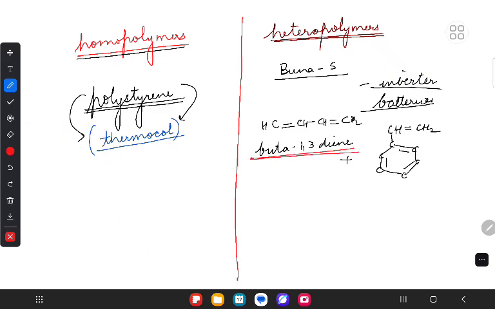Are we understanding? Got the point or not? That's the basic idea we have. This is going to be butadiene, and this is going to be styrene.